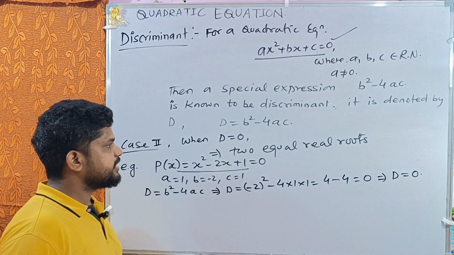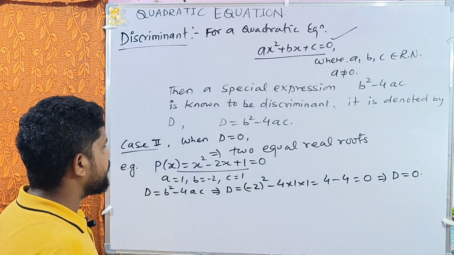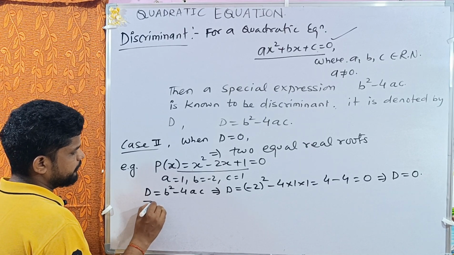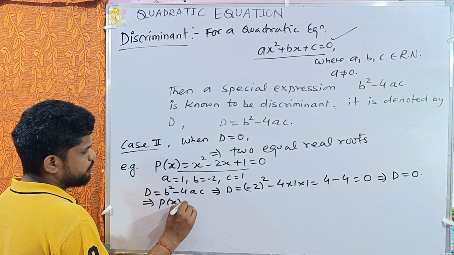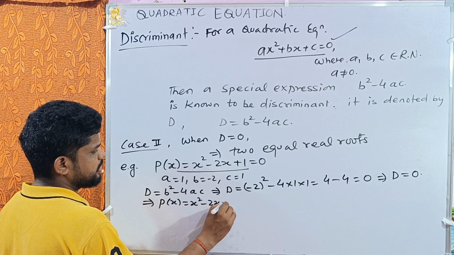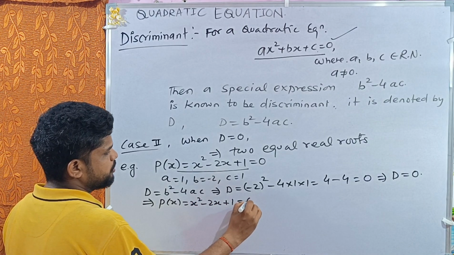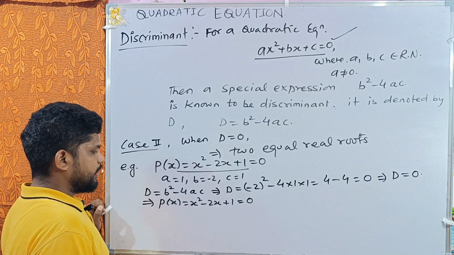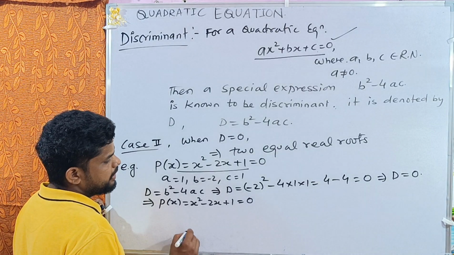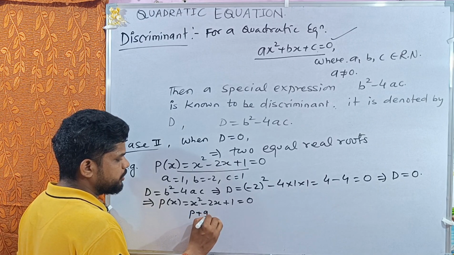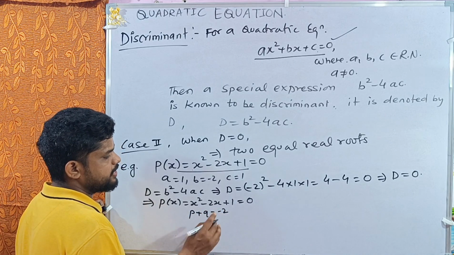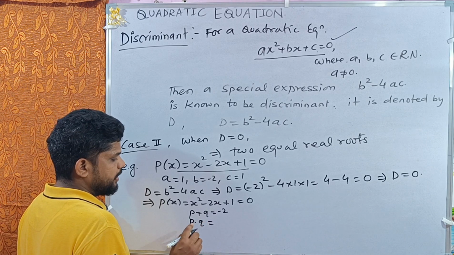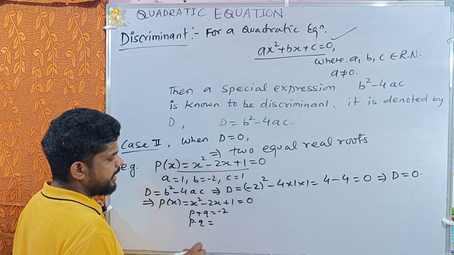Now let us verify the things by using the splitting the middle term method, which we have already learned in class 9th. So if I equate p of x, x square minus 2x plus 1, equal to 0, which is our quadratic equation, think about two numbers p and q such that their sum should be equal to minus 2, that is the coefficient of x, and their product, p dot q, should be a into c.